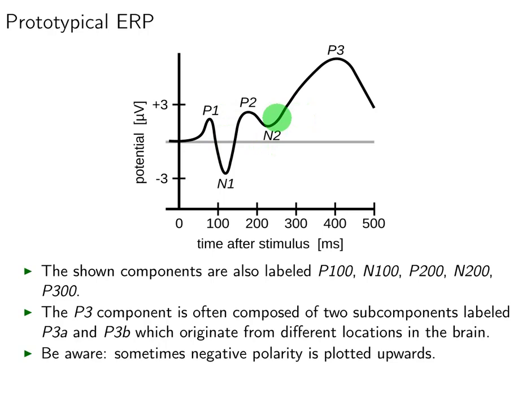We can also see other extensions or mixed labels like N2PC, which is a component like N2 originating in the posterior scalp location, contralateral to the side of directed attention.